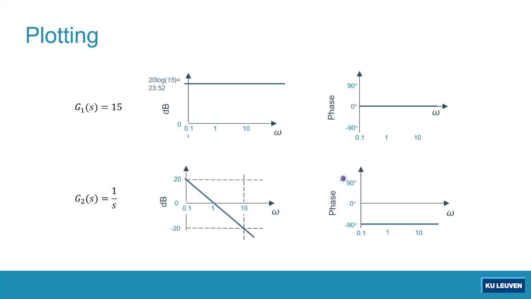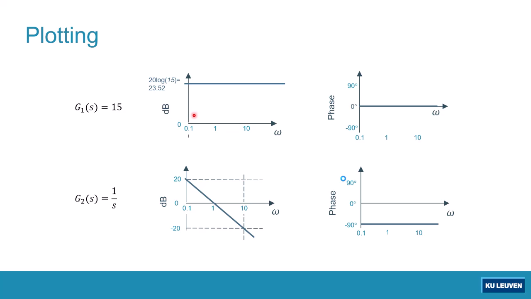The Bode diagrams for each of these 4 simple systems will be like this. This is the Bode diagram for the first simple system, which is simply a constant transfer function, where the constant is equal to 15. This corresponds to the first simple system in the previous video, where A is now equal to 15.